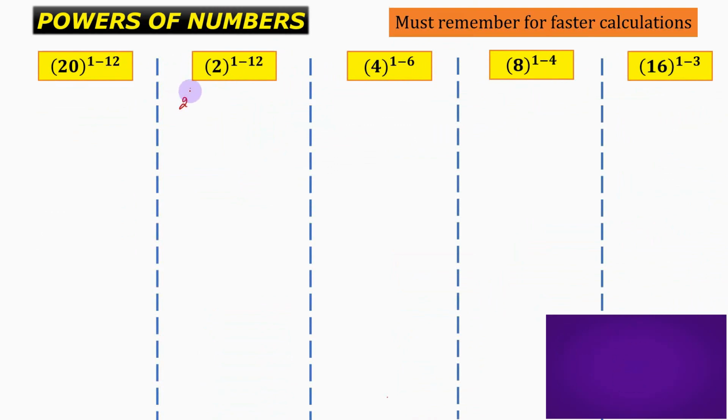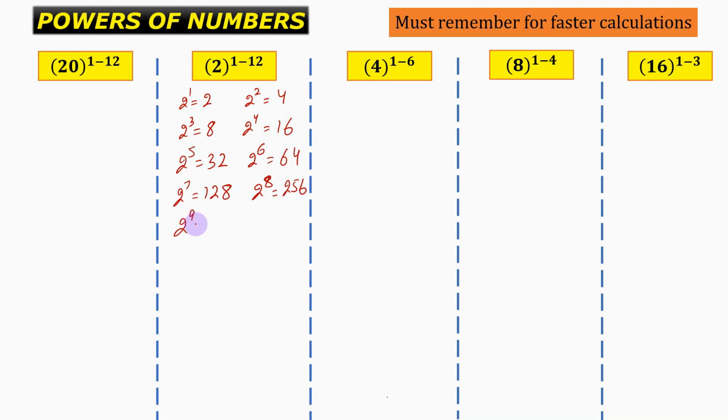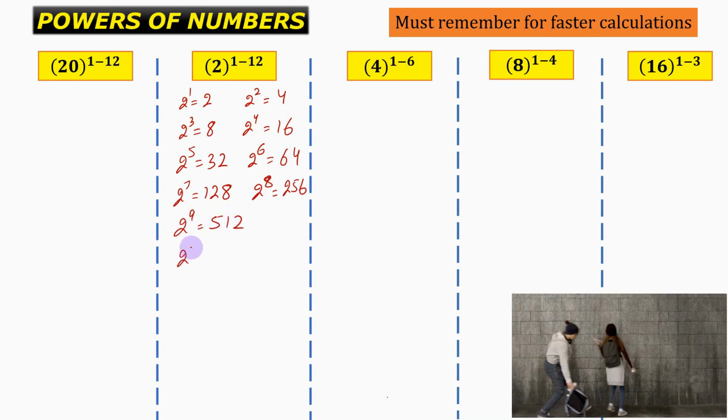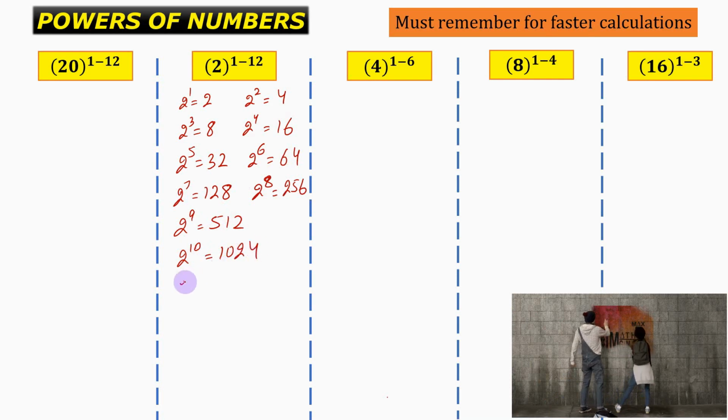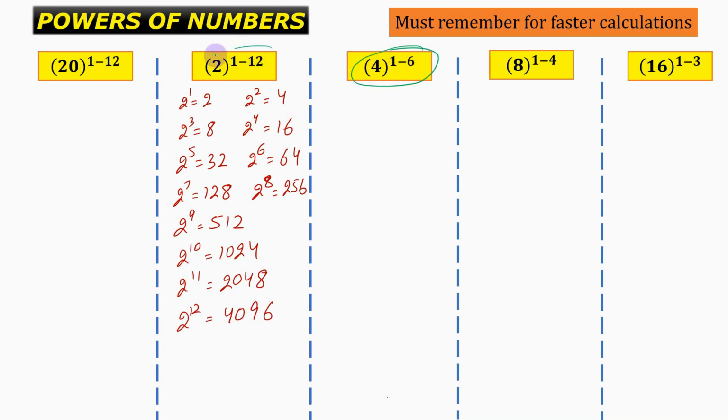Now 2 to the power 1 is equal to 2, 2 to the power 2 is equal to 4, 2 to the power 3 is equal to 8, 2 to the power 4 is equal to 16, 2 to the power 5 is equal to 32, 2 to the power 6 is equal to 64, 2 to the power 7 is equal to 128, 2 to the power 8 is equal to 256, 2 to the power 9 is equal to 512, 2 to the power 10 is equal to 1024, 2 to the power 11 is equal to 2048 and 2 to the power 12 is equal to 4096.